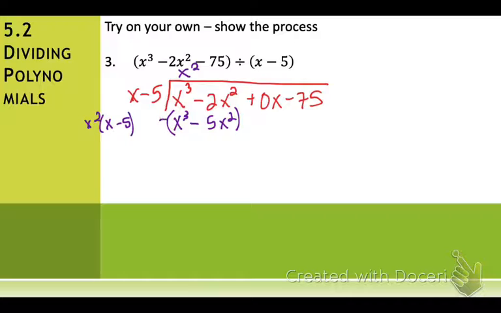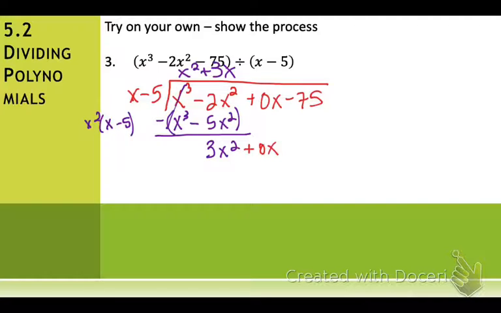Again, I always like to use parentheses. I think it makes it easy to see that you have to subtract everything. Those cancel. Negative 2 minus negative 5, that's going to be plus, so that's going to be 3x squared. Bring down the plus 0x and start again. How many times does x go into 3x squared? Well, it goes positive 3x times.